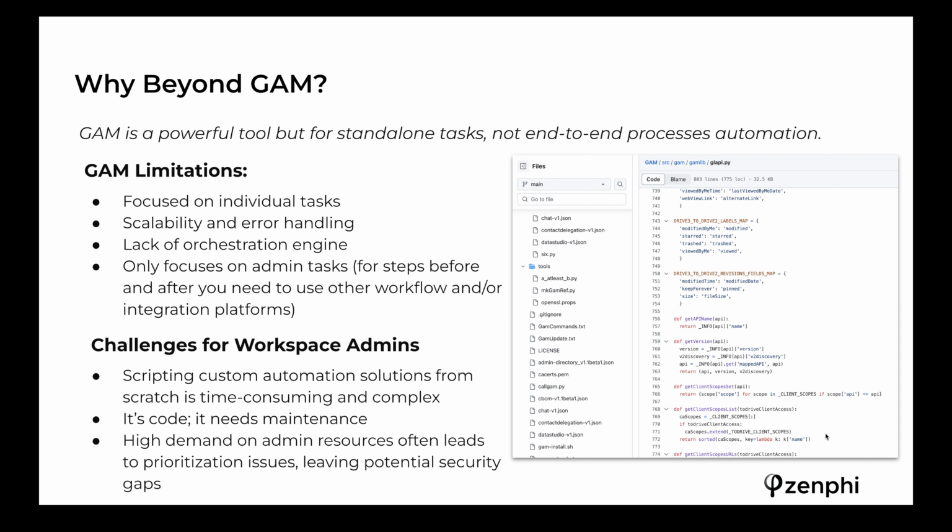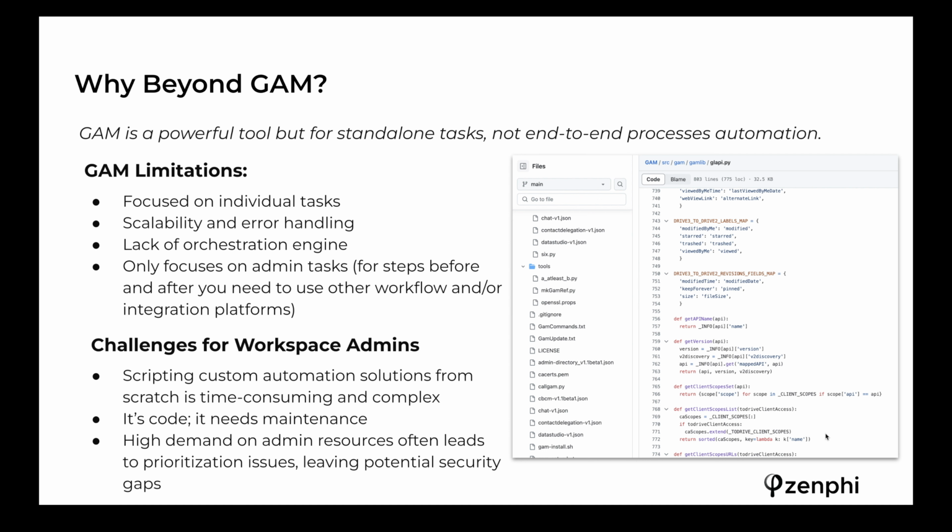The other aspect of it is a lack of orchestration engine. That's like what I covered in point one. Normally you want to create a user, or delete a user, suspend a user, or reassign a license for a user, or find shared files. It's part of a bigger process.